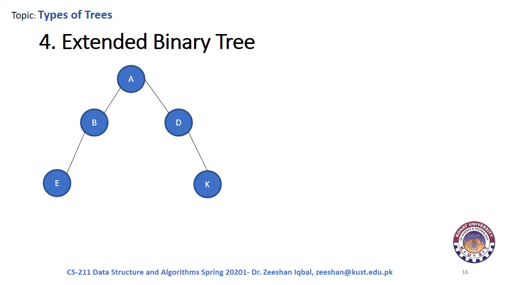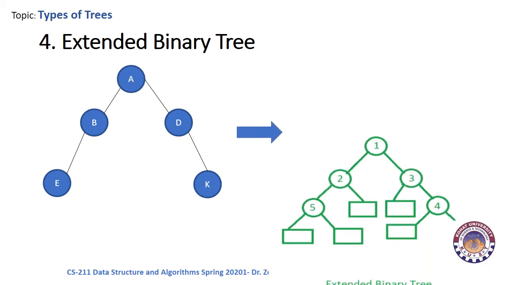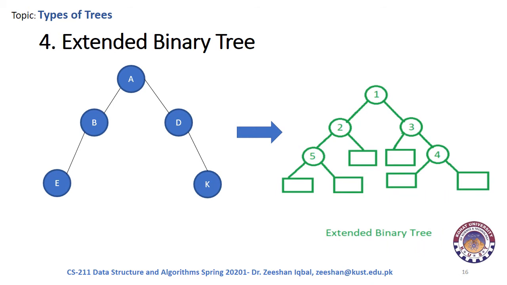In addition, we can add E and K's children as external nodes as well. So the extended binary tree will be as following. Here the boxes show the external values while the circles show the internal values.